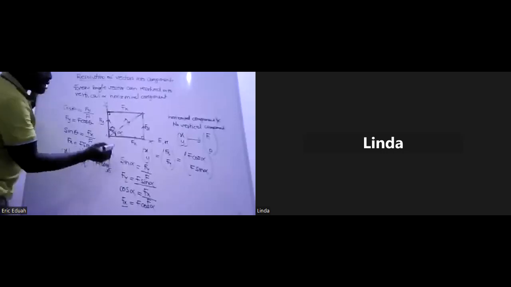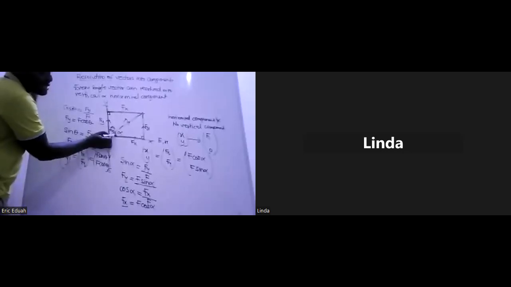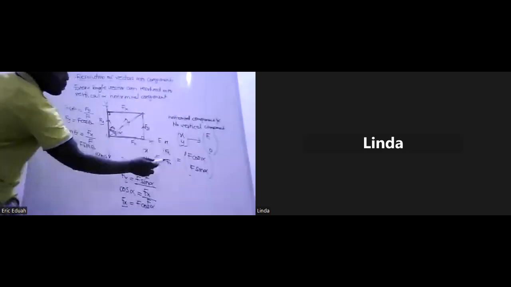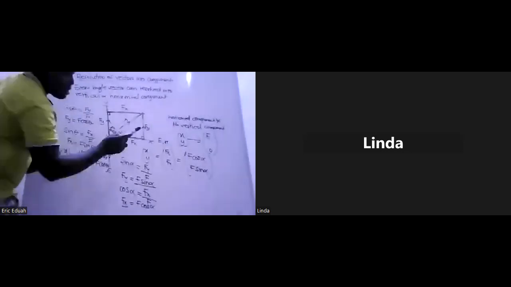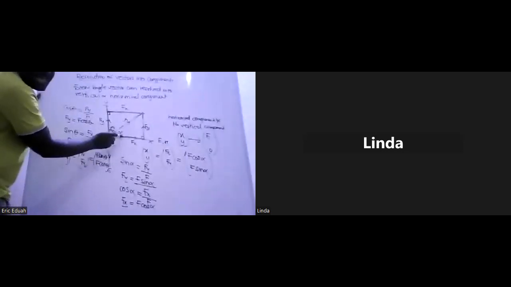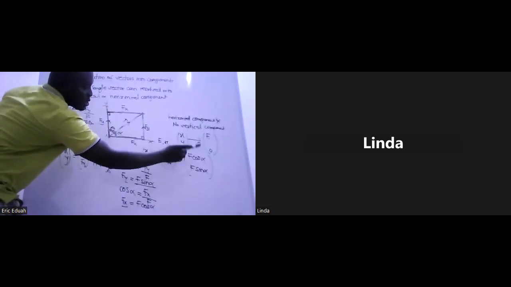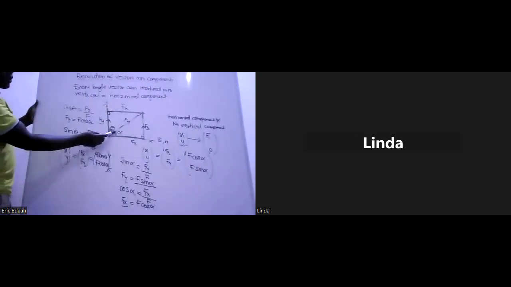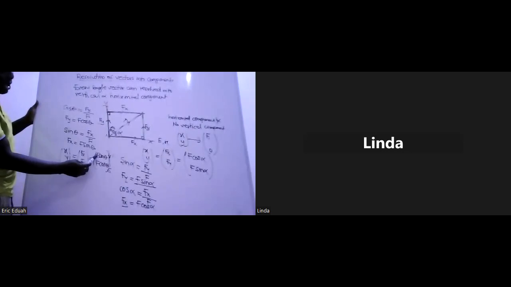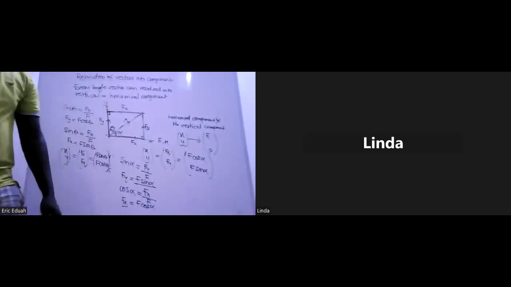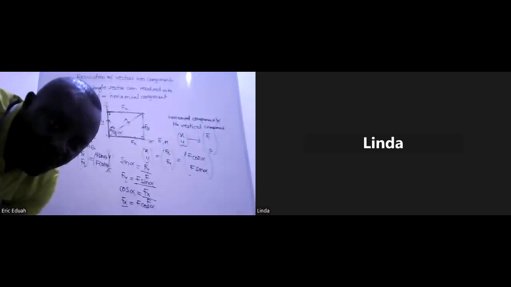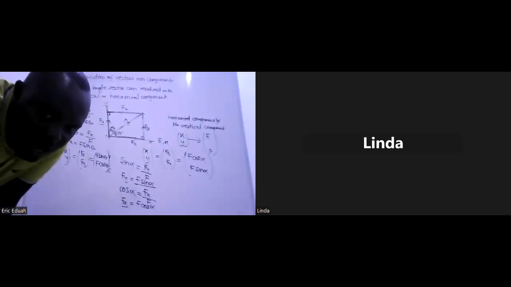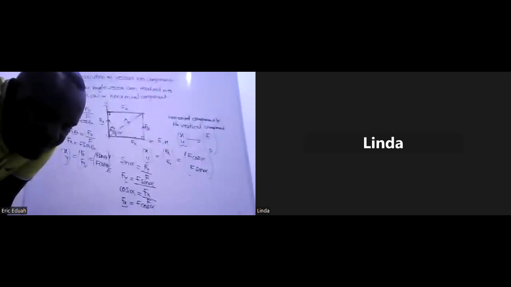When you are using the angle it makes with the x-axis, the components become cos, sine. If you are using the angle it makes with the y, the components become sine, cos. That's the difference. But both situations must give you the same results. Are we fine? Yes, please.